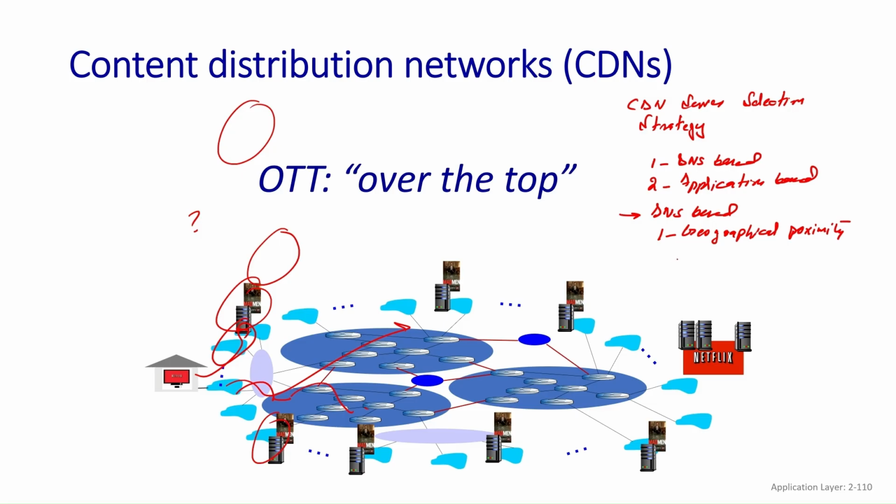If I have an IP address, I can always get the location of that IP address. So if I have IP addresses, I can get the location and connect to the location which is closer to me. Number two is network connection conditions, I can call it network condition.